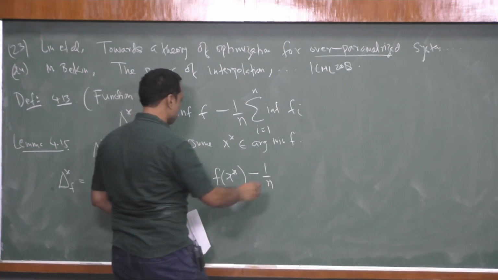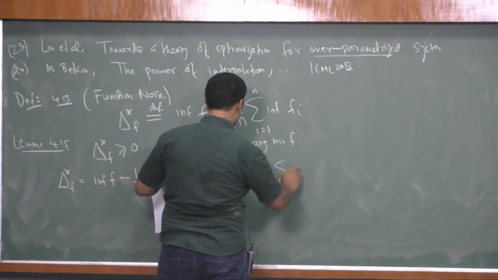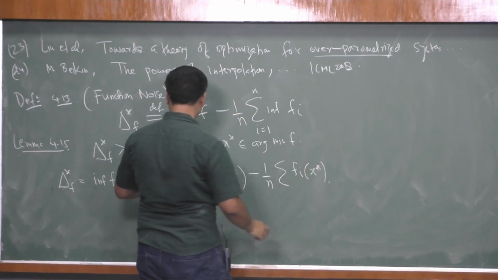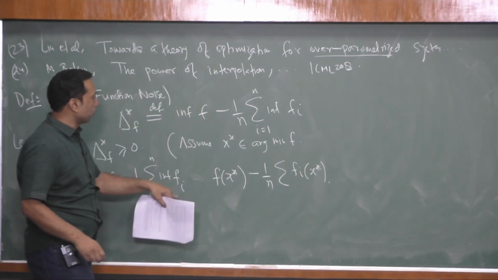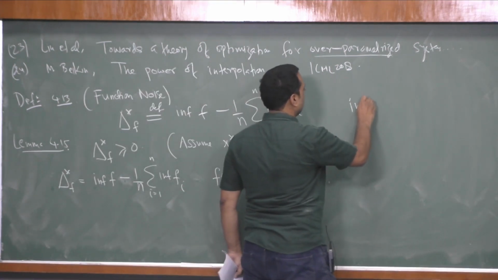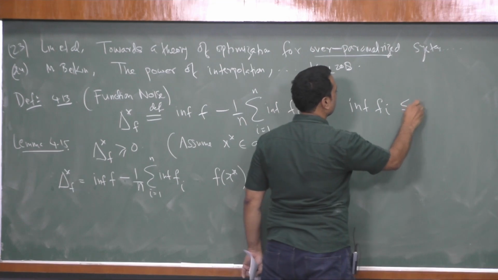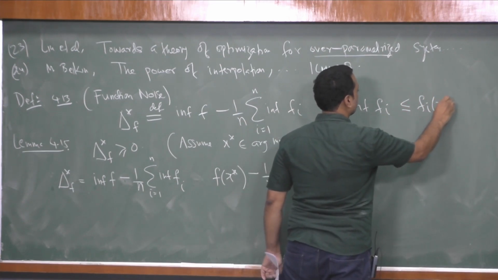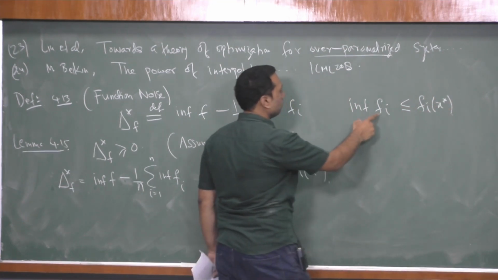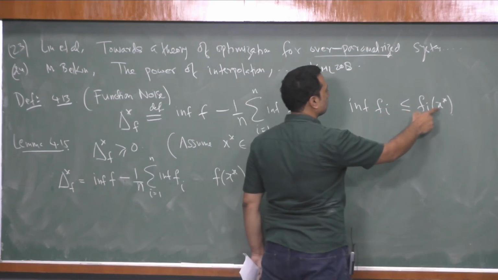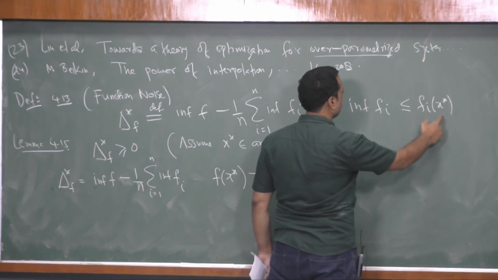So what I'm trying to say is this. I will replace this by fi x star. Okay, and here I'm talking about infimum of fi, right? So infimum of fi is less than or equal to fi x star, because x star may not be the minimizer of fi, right? So in that case, it's likely to be greater or equal.